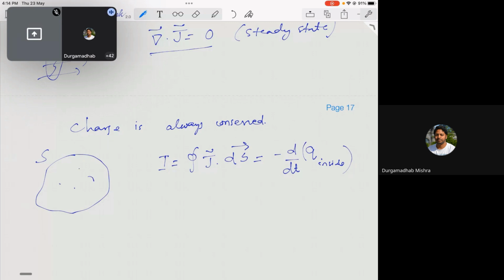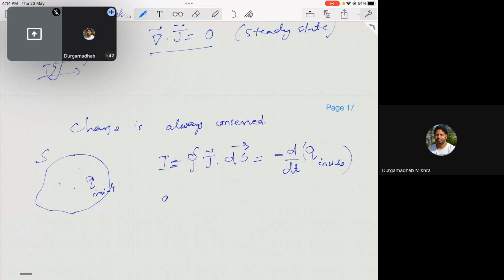It is equal to minus, because I'm saying the current is going out from the surface, the time derivative of the total charge that is inside.